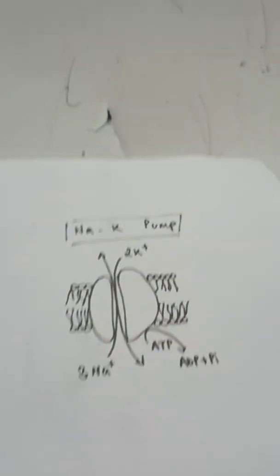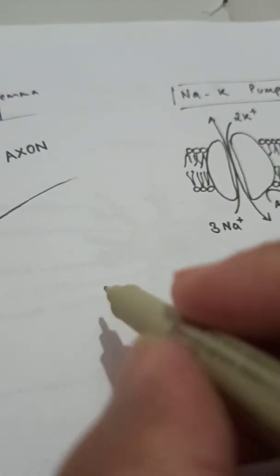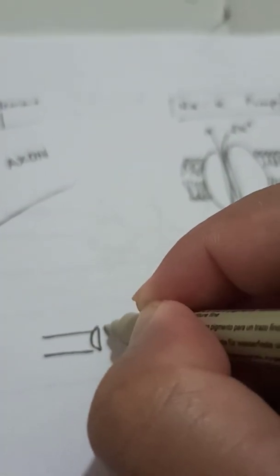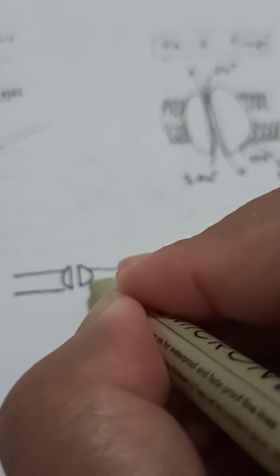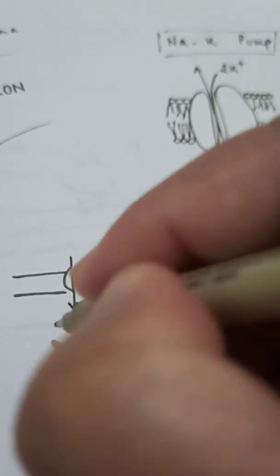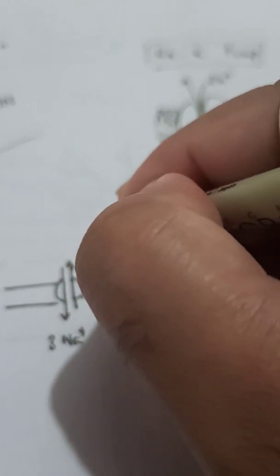Okay, so due to this alteration that is made by this protein, say this is the protein, it allows the movement of 3 sodium ions inside, and makes 2 potassium ions move outward.